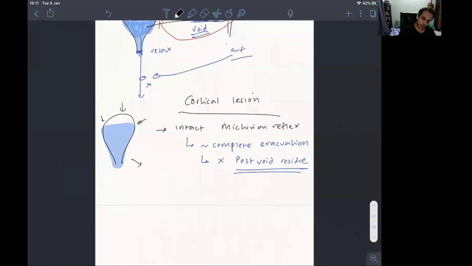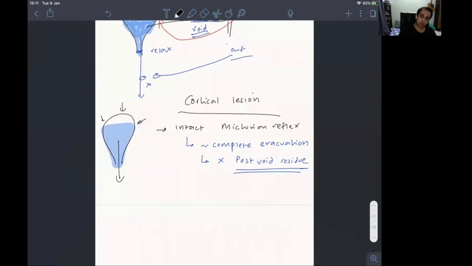After passing of urine, if your bladder still has some amount of urine left, so if it has 200 ml of urine still left after passing of urine, then this is known as post-void residue. But in a cortical lesion, this will not happen because there will be complete evacuation.